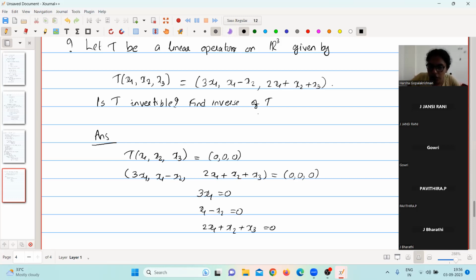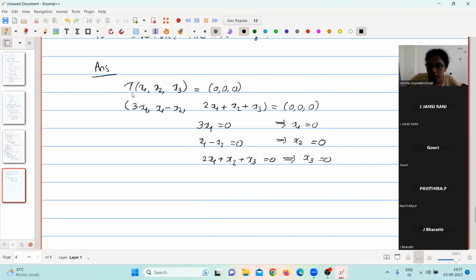Since 3x1 equals 0, x1 equals 0. Since x1 equals 0, x1 minus x2 equals 0 means x2 equals x1, so x2 is also 0. Here both x1 and x2 are 0, and x3 should be equal to 0. So if T of x1, x2, x3 equals 0, we got that x1, x2, x3 is the 0 element. So kernel of T contains only the 0 element.